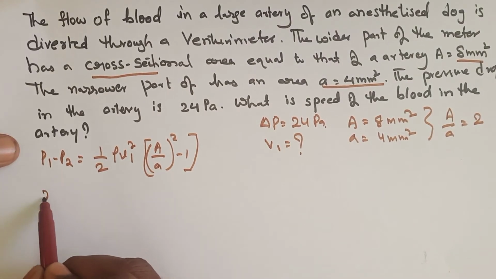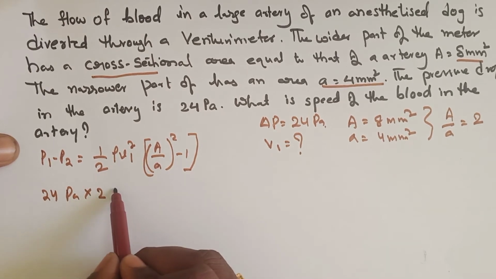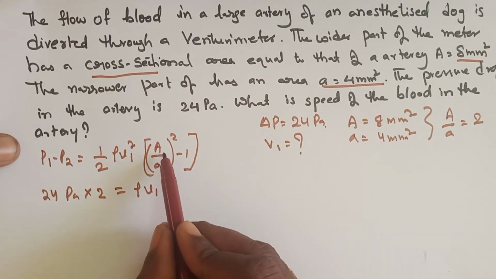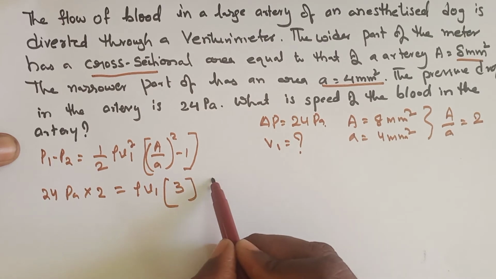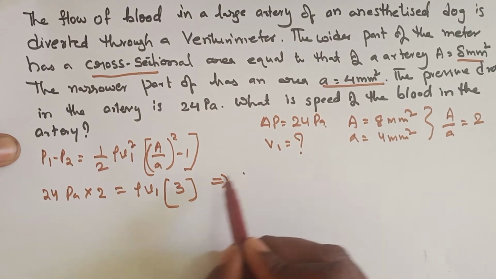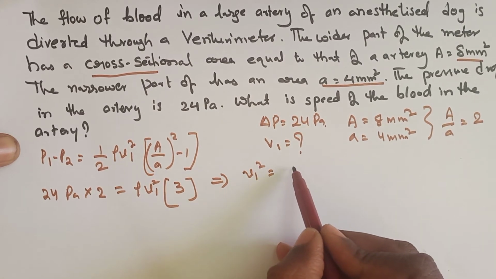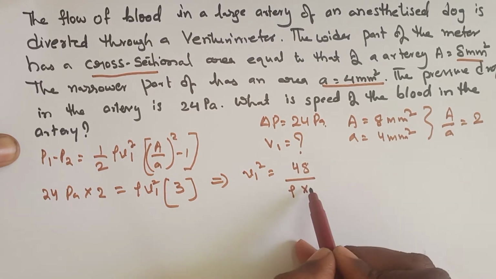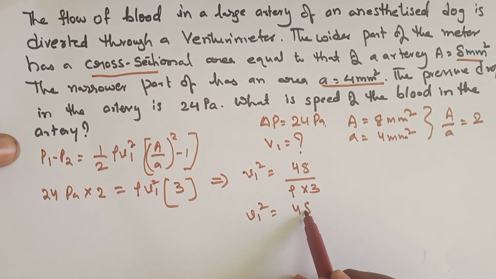Now this is 24 pascal into 2 is equal to rho V1 square, (A by a)² is 4, minus 1, is 3. So V1 square is equal to 24 means 48 by rho into 3.